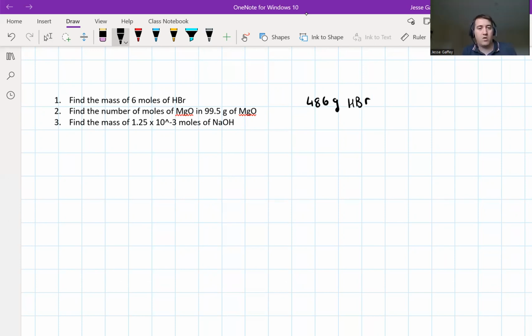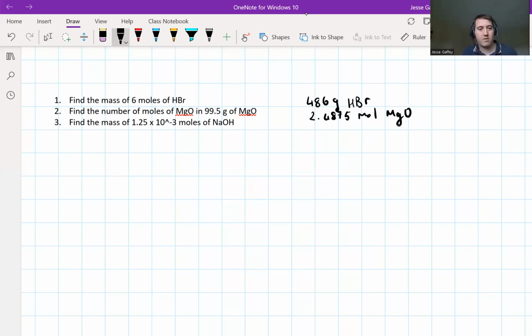The second one will be 2.4875 moles of MgO.